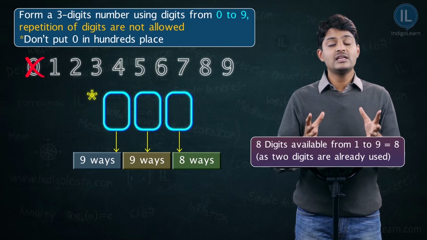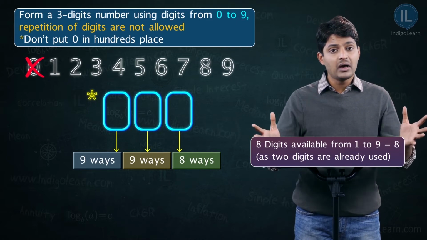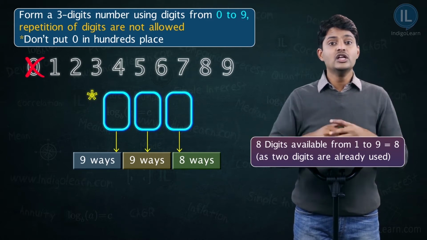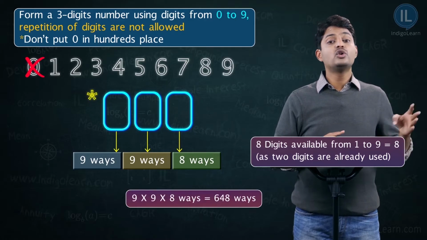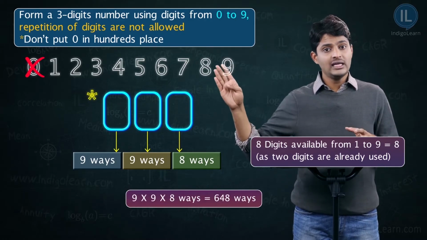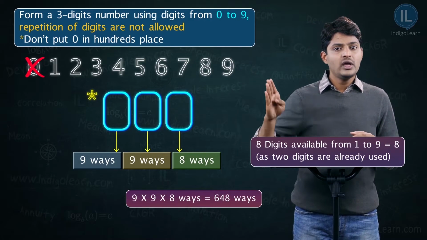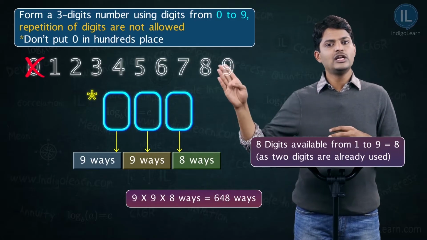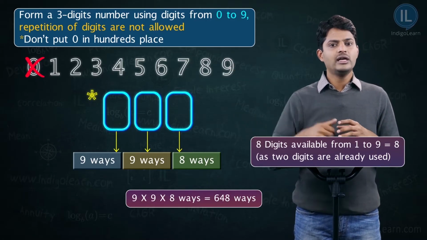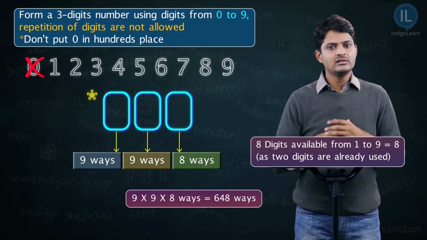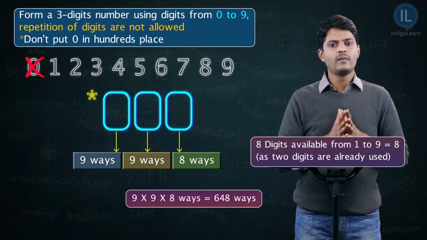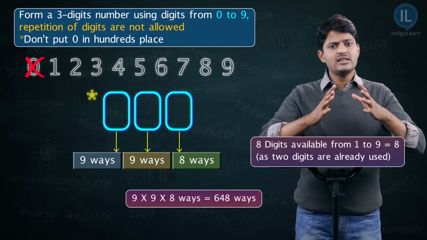So the number of ways in which I can form a 3-digit number without repetition using the digits 0 to 9 is nothing but 9 into 9 into 8, right, which is 9 into 9, 81, 81 into 8, which is 648.